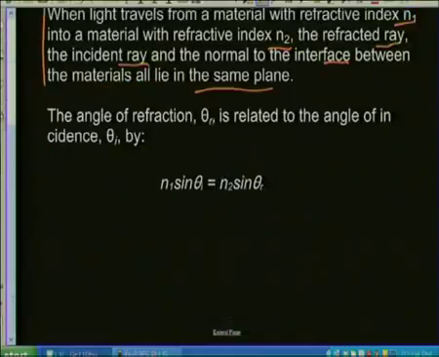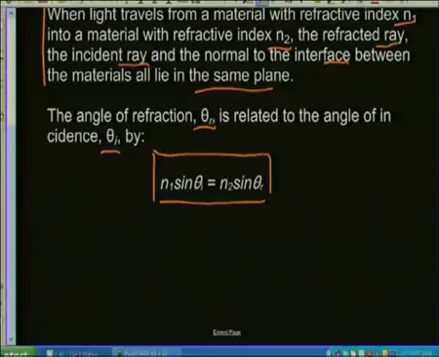The incident ray, the normal, and the reflected ray, when we're talking about reflection, all lie in the same plane. So we're saying the same thing. But the second part of Snell's law is the calculation bit, and that's the part that we want to focus on today. It says the angle of refraction, theta r, is related to the angle of incidence, theta I, by this equation.